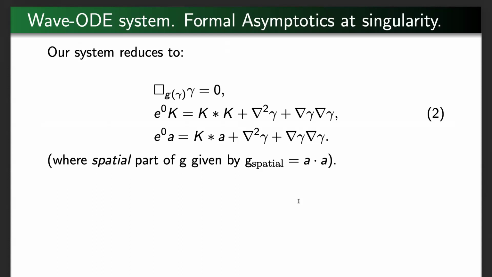In a certain sense, the wave is the driver for the ODEs, but the wave itself is solving a linear equation. It's a quasi-linear system, coupled because the metric on which the wave evolves is determined by the wave itself. But then this evolving metric satisfies ODEs driven by the wave.